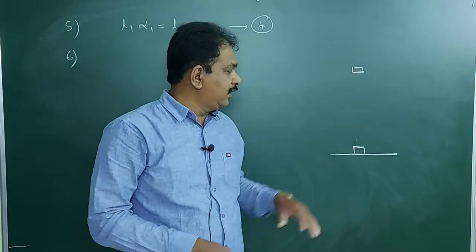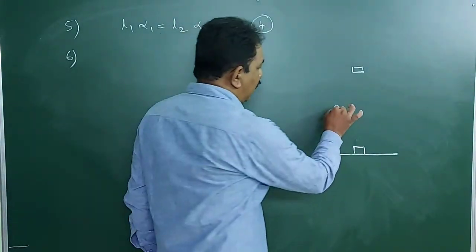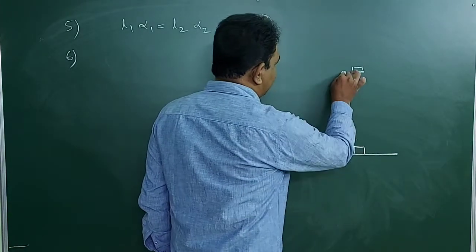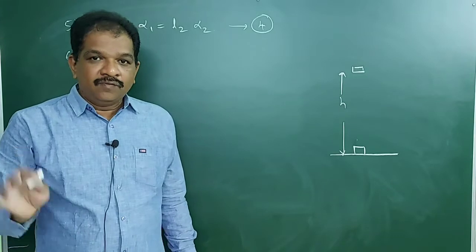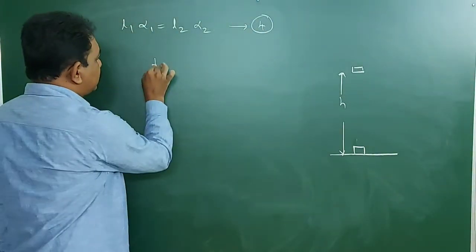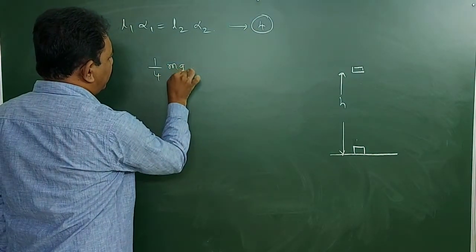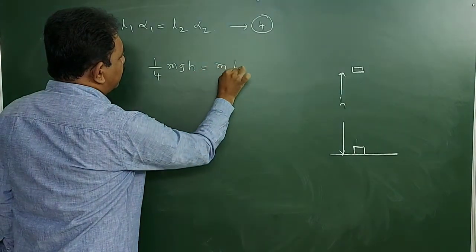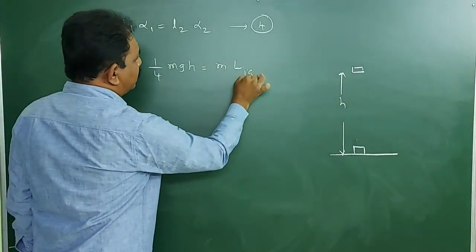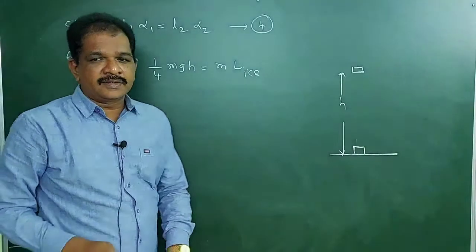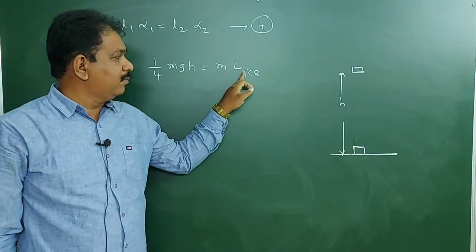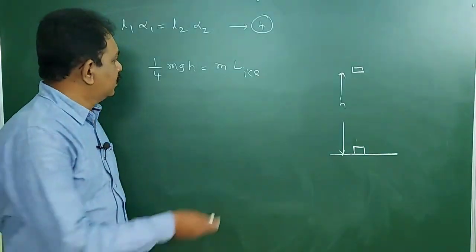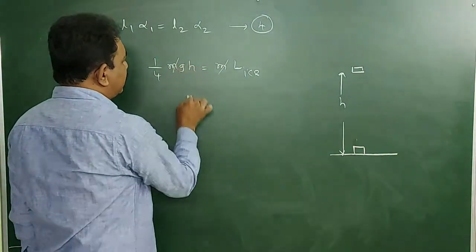Here, height h means it will have a potential energy of mgh. In that, 1/4 of that energy, 1/4 mgh, will be utilized to melt the ice. Heat required to melt the ice will be m into L ice. M values will cancel.